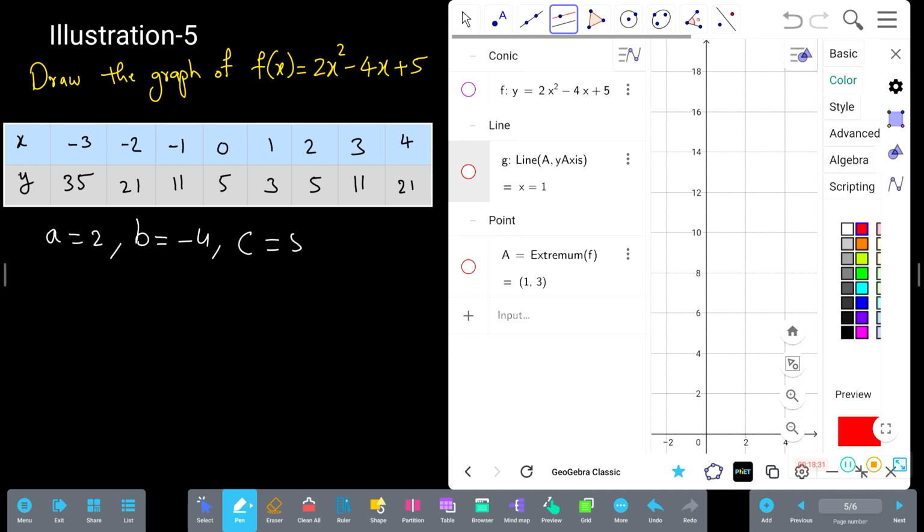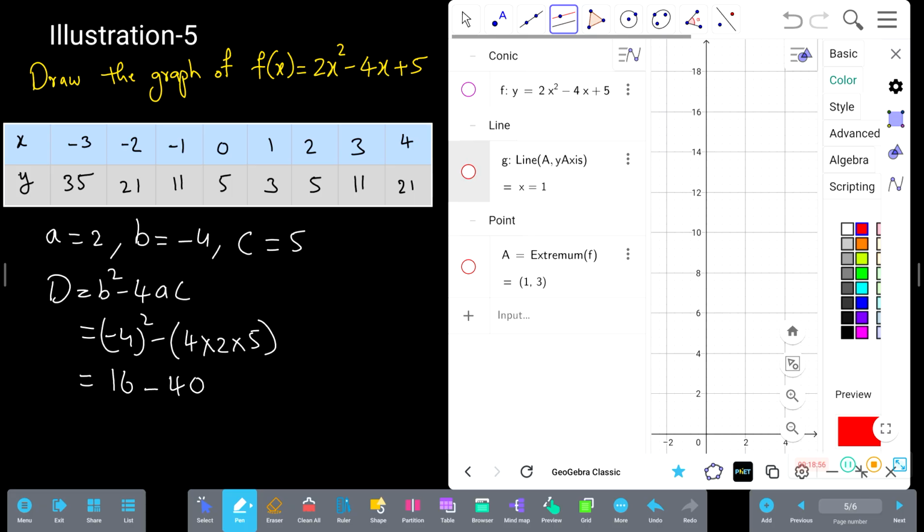What will be D? D equal to B square minus 4AC, that is minus 4 square minus 4 into 2 into 5, right? So minus 4 square is 16, minus 4 2s are 8, 8 5s are 40.